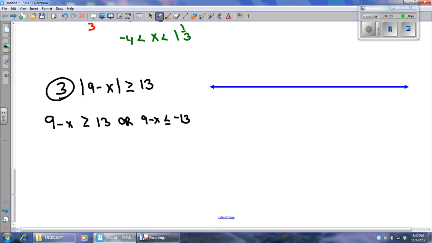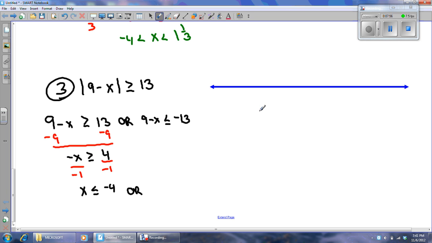All right, so I'll solve this left one. I'll subtract 9 on both sides, and when I do that, I get negative x greater than or equal to 4. I have to multiply or divide by negative 1, whoop, whoop, whoop, which means x will become less than or equal to negative 4.